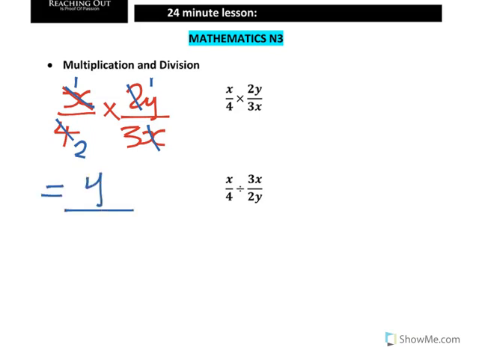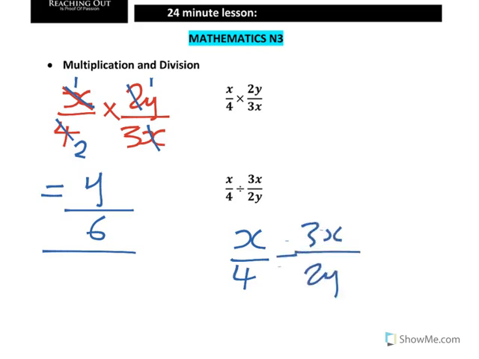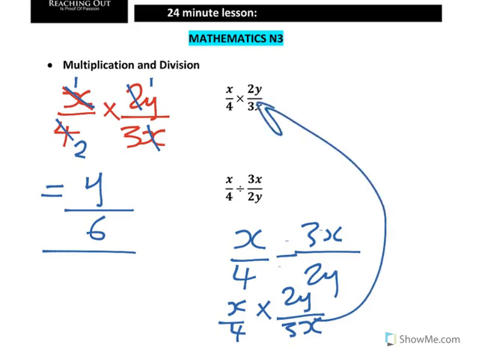You have y over 2 times 3, you have a 6. That's how you do it. Again, if you are using a division sign, you are going to have x over 4 divided by 3x over 2y. This is the same as x over 4 times 2y over 3x, which is similar to the top.